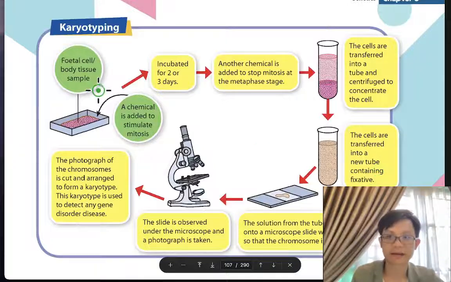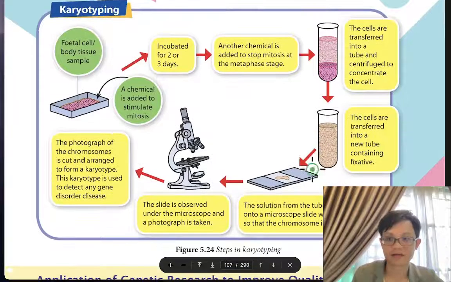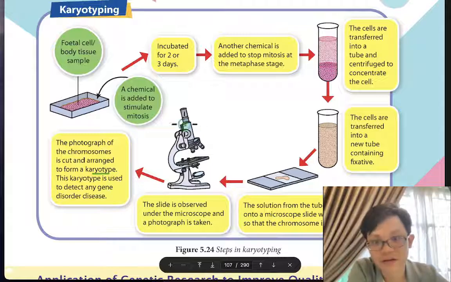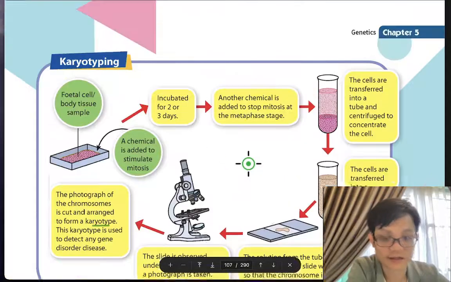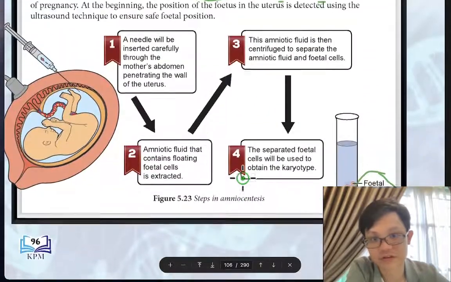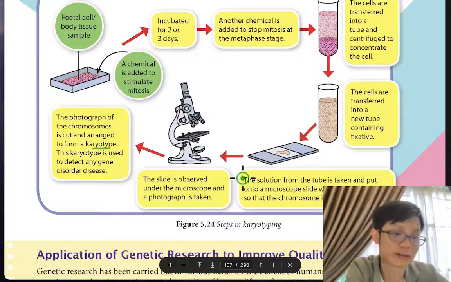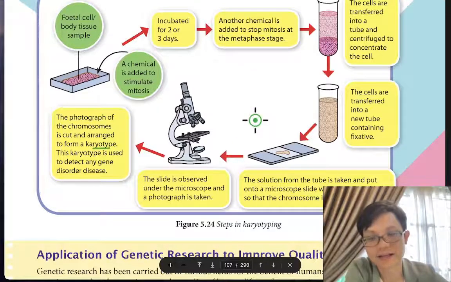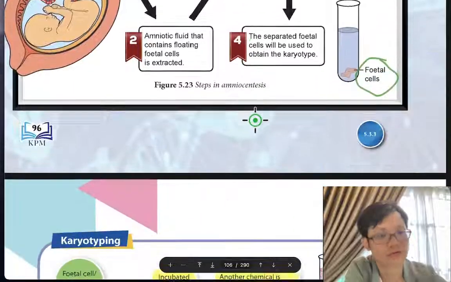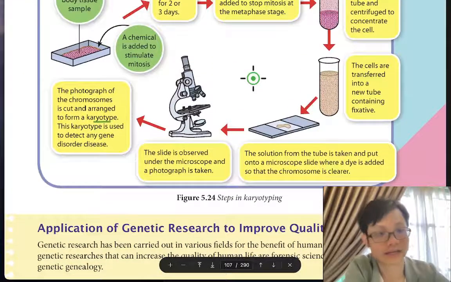For example, the fetal cells, you incubate them and wait, check on the slide, and the photograph of the chromosomes is cut and arranged in the form of a karyotype. This karyotype is used to detect genetic disorder diseases. So it's a very complicated process. I don't think the process will be cheap as well. But it's nice, this is the modern technology. Last time when I taught science, this was not in the textbook. So recently they added this into the textbook already.